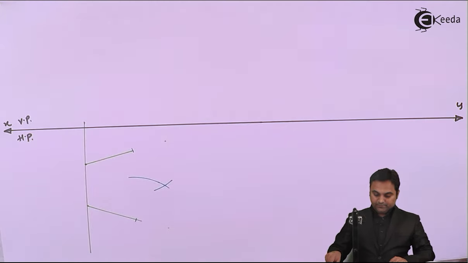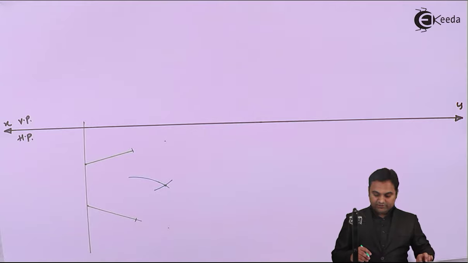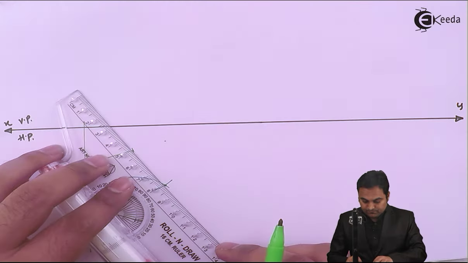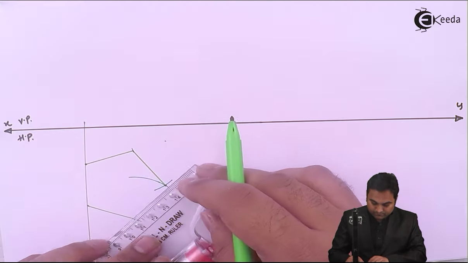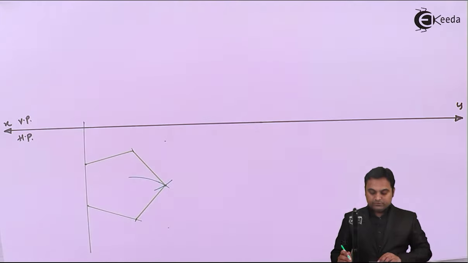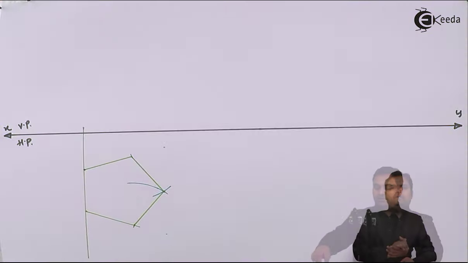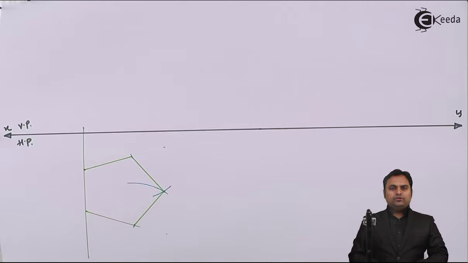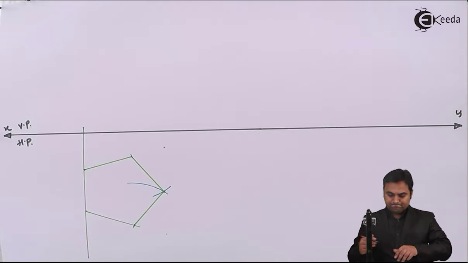So here I am getting that point and finally joining it. So this is the initial condition of the pentagonal prism. Now once I have drawn the initial condition, here I will give the notations to the pentagon.